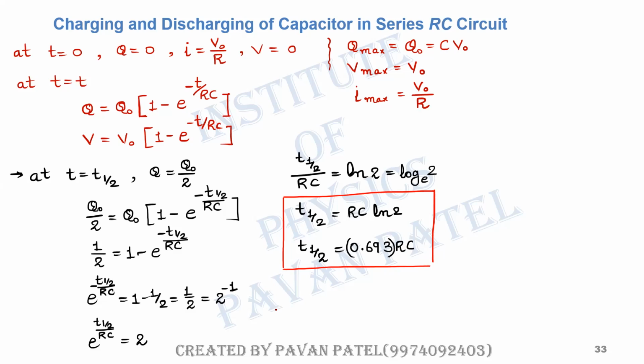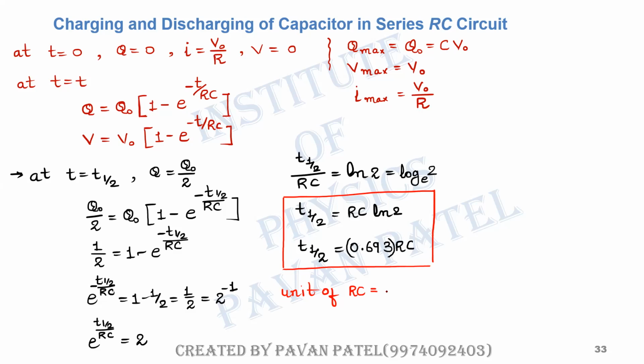The dimension formula of RC is T1. The unit of RC, please remember this as well, is the unit of resistance into capacitance. The unit of R is ohm, and the unit of capacitance is farad.